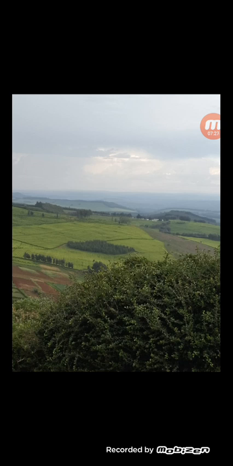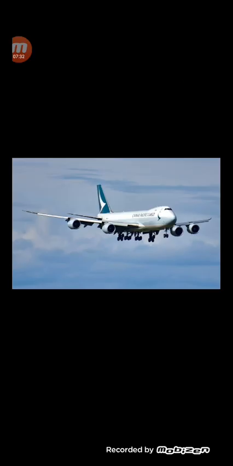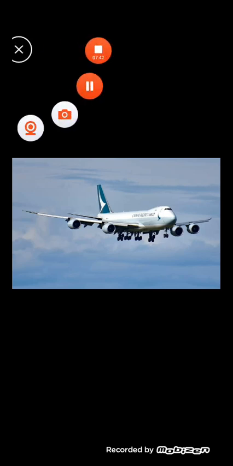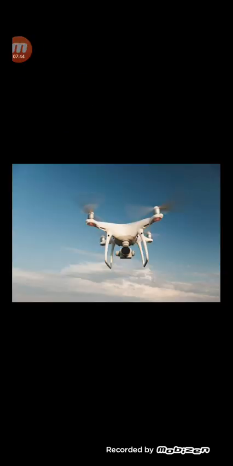Let's look at aerial photographs. Aerial photographs are taken by planes like this one, or hot air balloons or drones as shown in the following, or a rocket or a satellite.